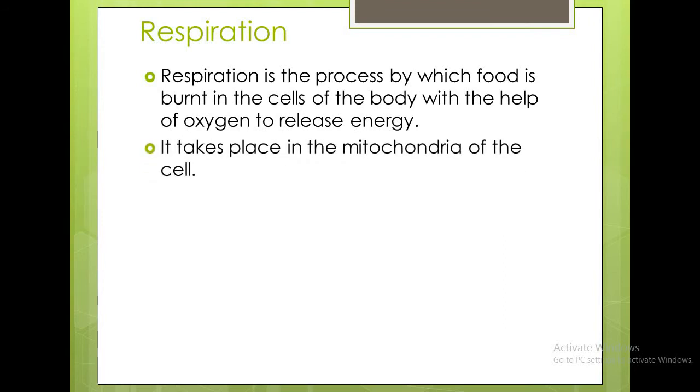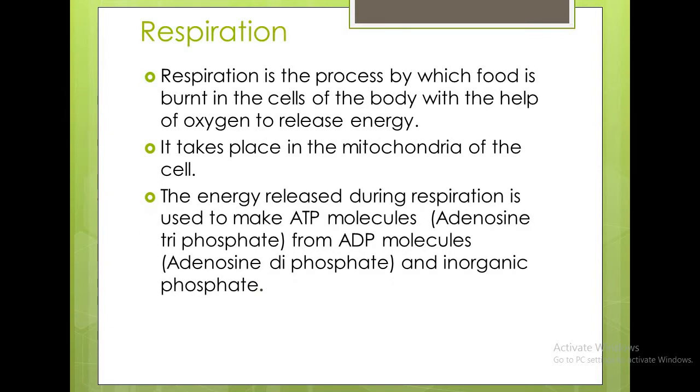It takes place in the mitochondria of the cell. You all know that mitochondria is the powerhouse of our body, right? So it produces lots of energy, and the energy released during respiration is used to make ATP molecules. What are ATP molecules?